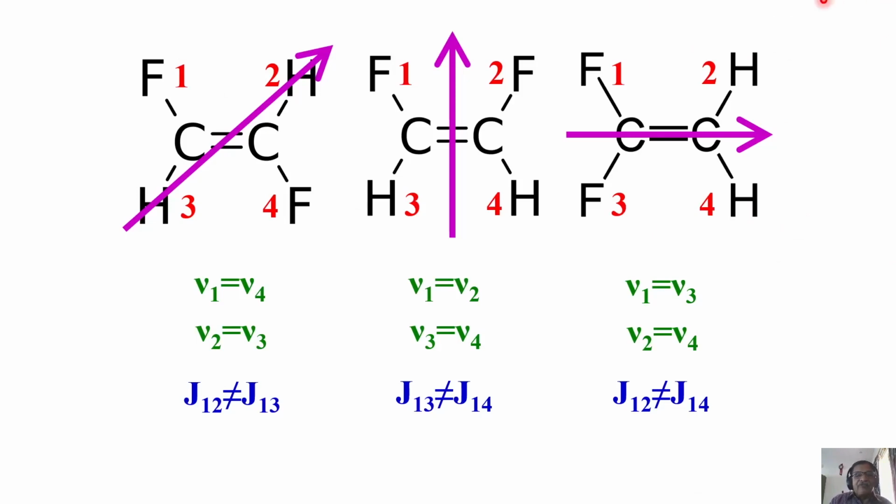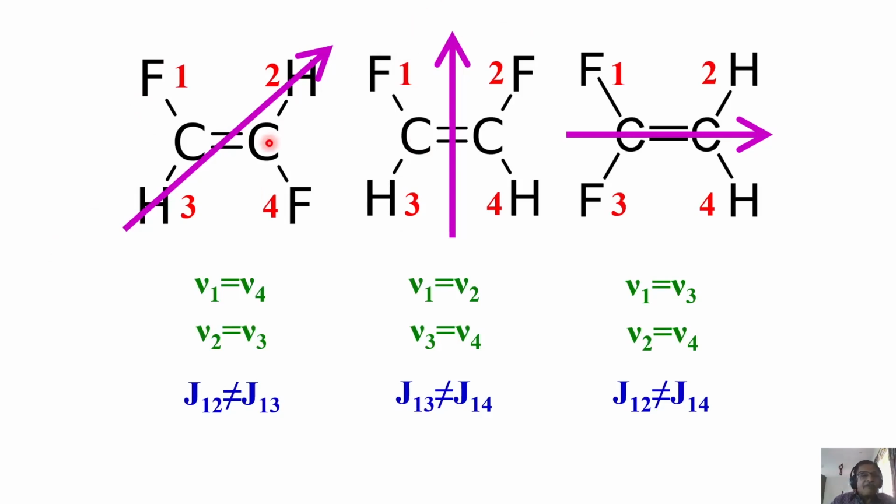So these are the three different difluoro-substituted ethylenes where the substituent position is varied. All three molecules have a symmetry axis. As a consequence, both the fluorines are chemically equivalent and both the protons are chemically equivalent in all three molecules.